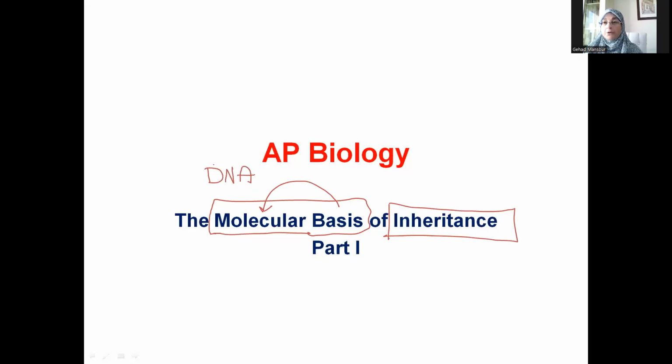Of course, there are other molecules that share in this process of inheritance and that are crucial for it. For example, RNA, as well as other proteins and other factors that are responsible for inheritance. And this proves that a single molecule like DNA can control many characteristics and can affect inheritance.